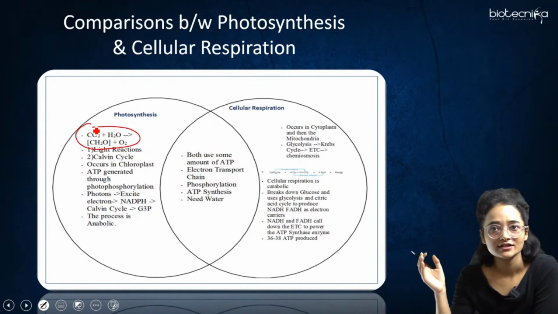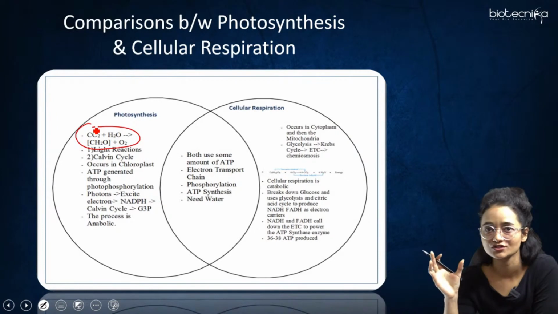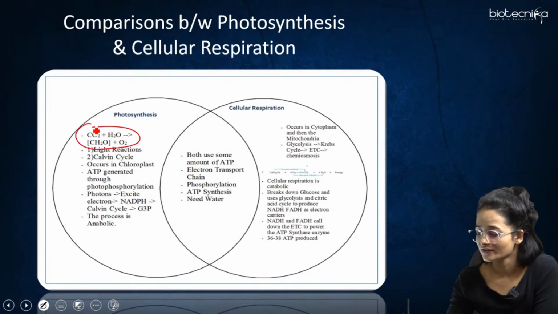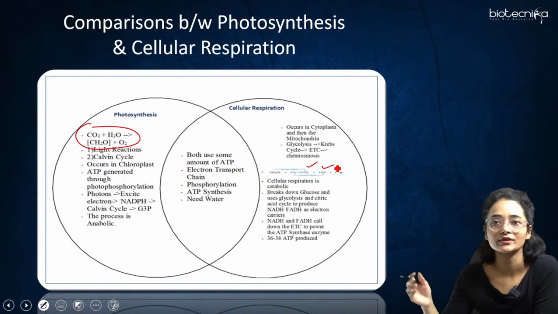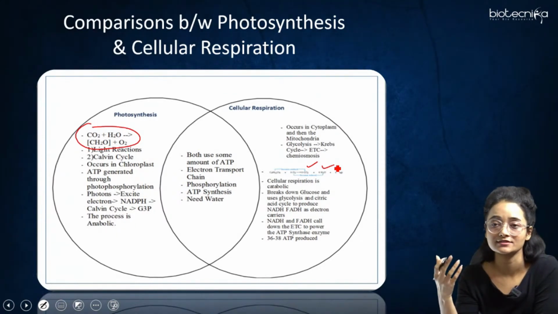When it comes to cellular respiration, it is a catabolic reaction where the sugar molecule is broken down in the presence of oxygen. It is an oxidation reaction, and after that carbon dioxide and water are released with energy, right? And that energy is utilized by us in our day-to-day activity.